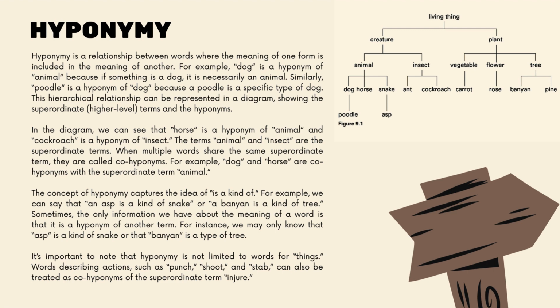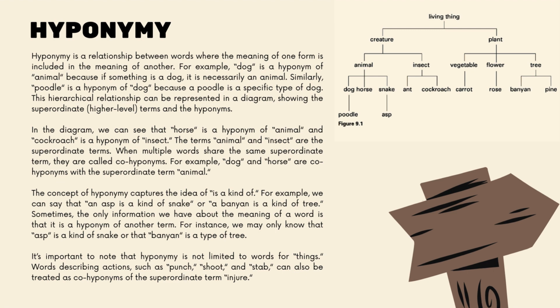The concept of hyponymy captures the idea of "is a kind of." For example, we can say that an asp is a kind of snake, or a banyan is a kind of tree. Sometimes the only information we have about the meaning of a word is that it is a hyponym of another term.